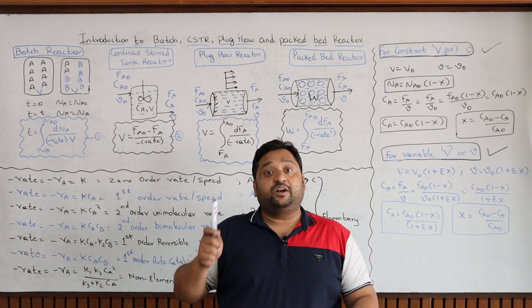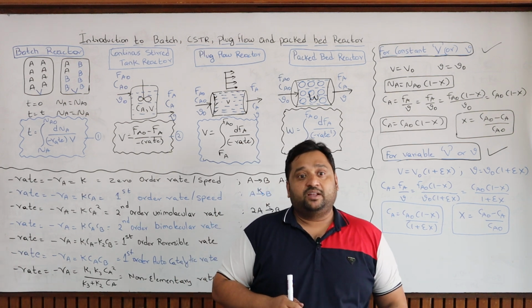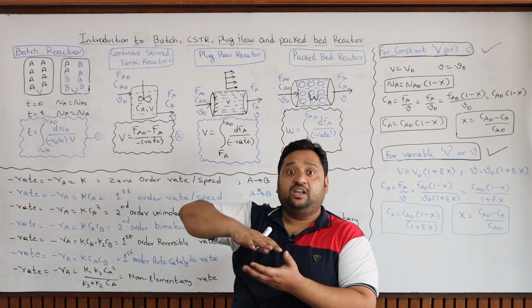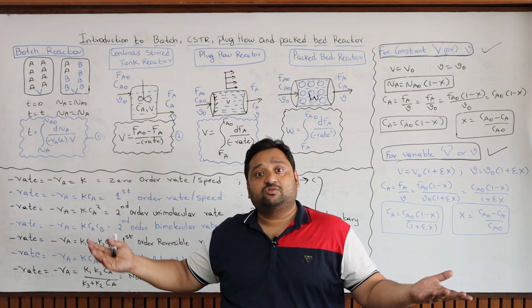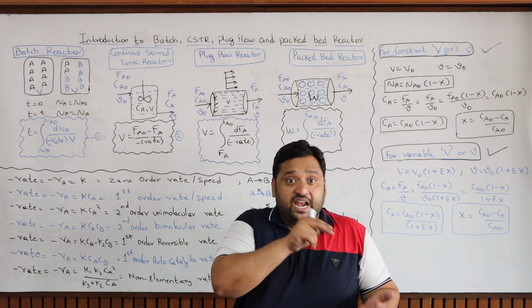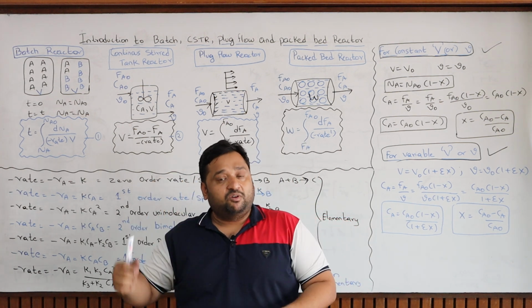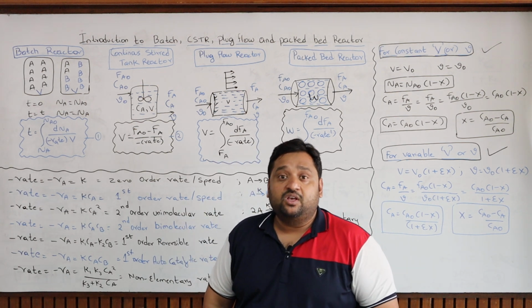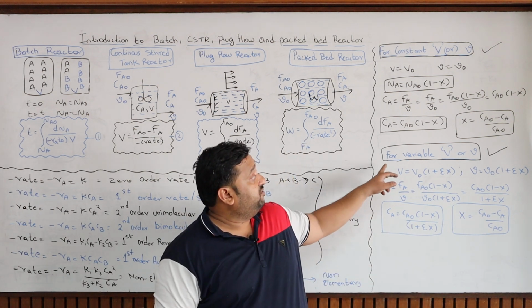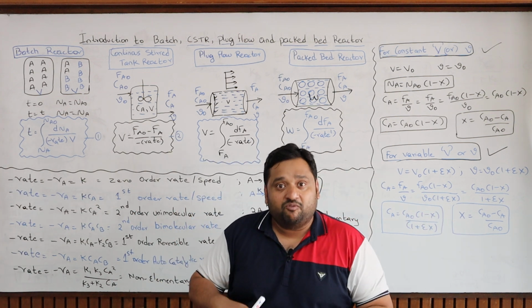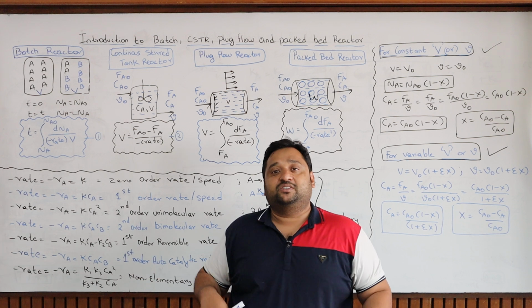But if 1 mole of A gives 2 moles of B, the moles suddenly increase because of the reaction, so the volume or volumetric flow rate will rise. That means initial volume is different from final volume, and initial volumetric flow rate is different from final volumetric flow rate.